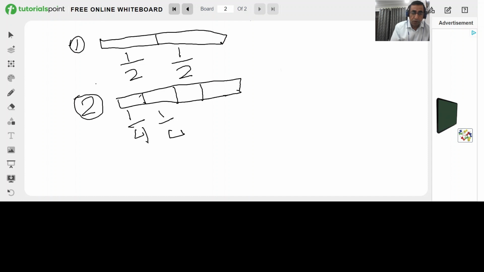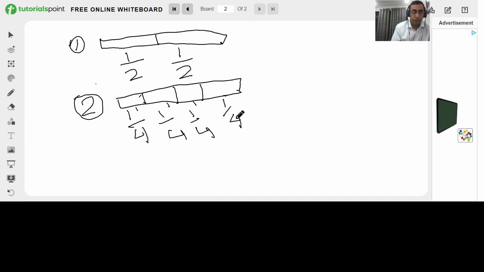The value of this part, this part, this part, and this part is 1/4.